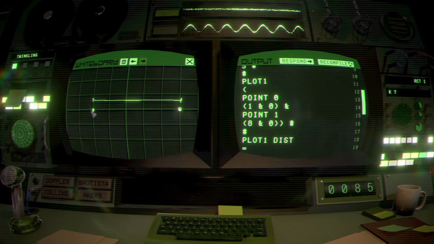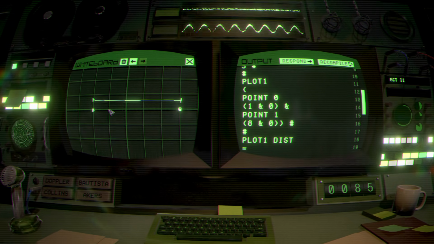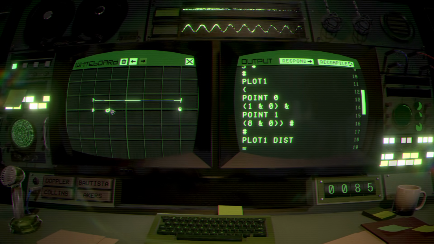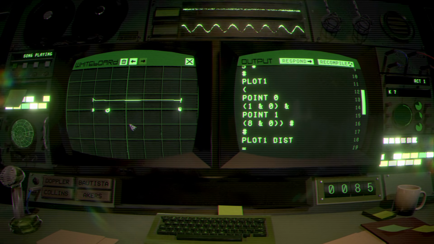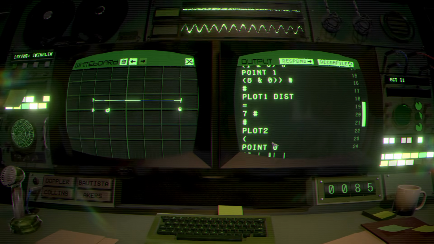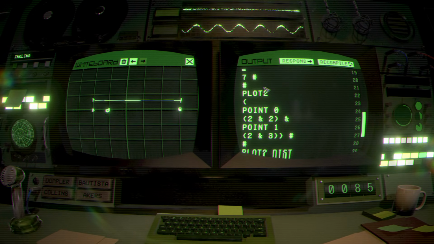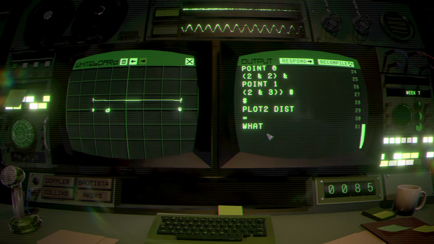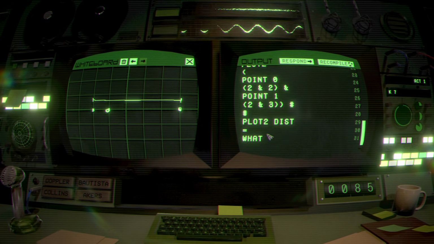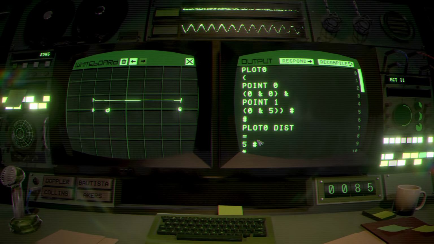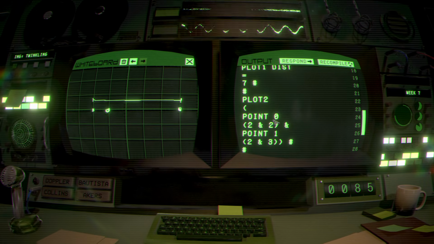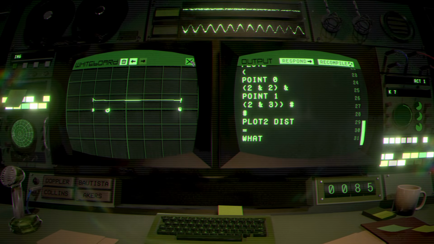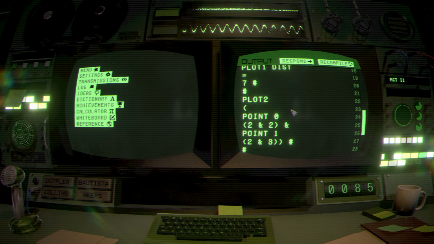Let's look at the different one. Trying to think. So this is just the difference.